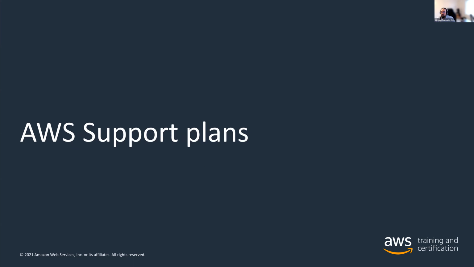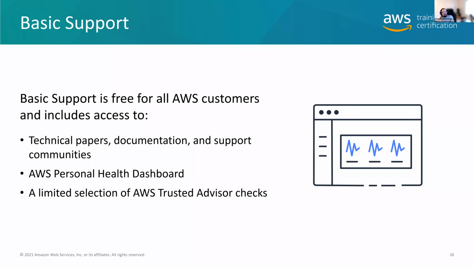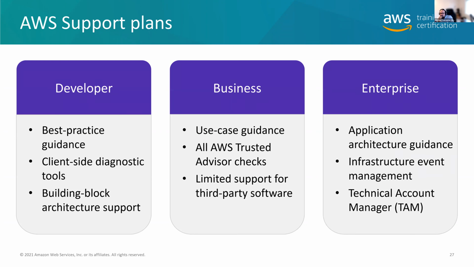Let's talk about some support plans. So you may remember that I said before that if you have Trusted Advisor, you have to have a support plan in order for it to really function. So first of all, we all get basic support. That's free support. You get access to the personal health dashboards, and a very limited set of advisor checks. If you're willing to pay, I want to say it's $100 a month, you can get developer.